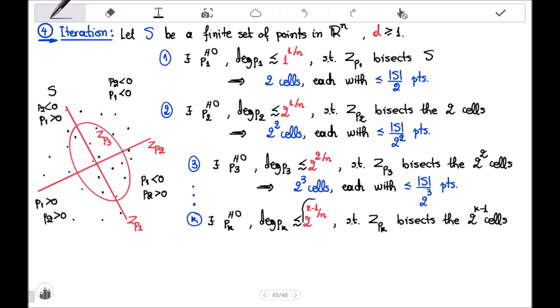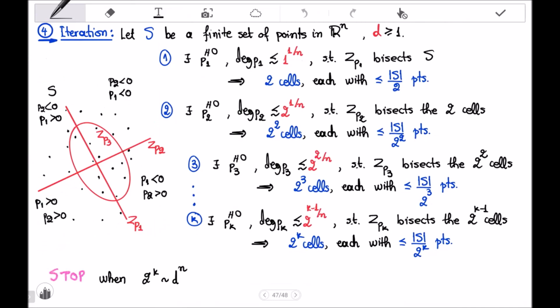So you use a degree at most that number of cells to the 1 over n, to bisect everything once more. So you get 2 to the k cells, each with at most the average number of points. And you stop when this 2 to the k is exactly what you wanted. It's d to the n. That's the number of cells you wanted to have for the d you chose at the beginning.